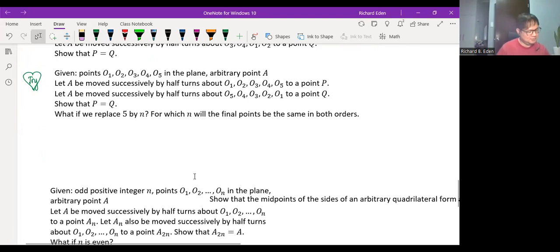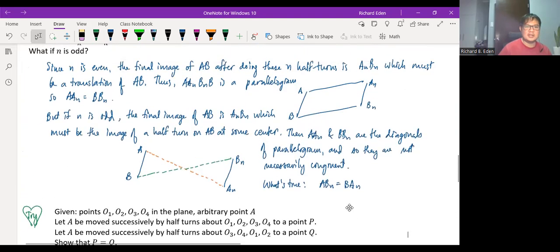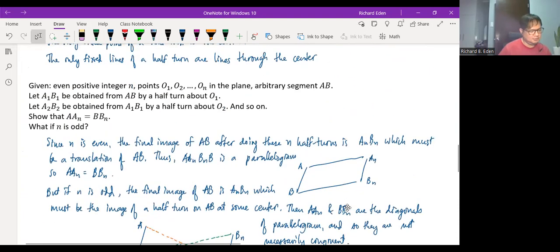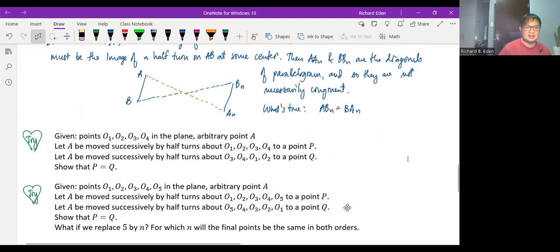Oh wait, so we already tried this, no? What if it's, wait, hold on. A sub n equals B sub n.